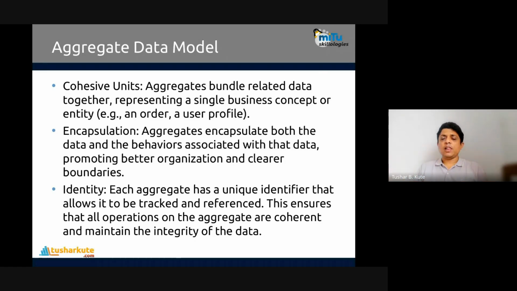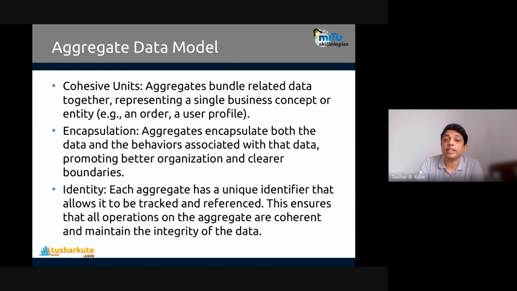Data is known to that particular entity only, which is encapsulated. It's like a capsule over it, but the data present under it is not visible to the external world. Then how to access it? We can follow the technique of behavior functions to access the data, promoting better organization and clearer boundaries. That's called encapsulation.